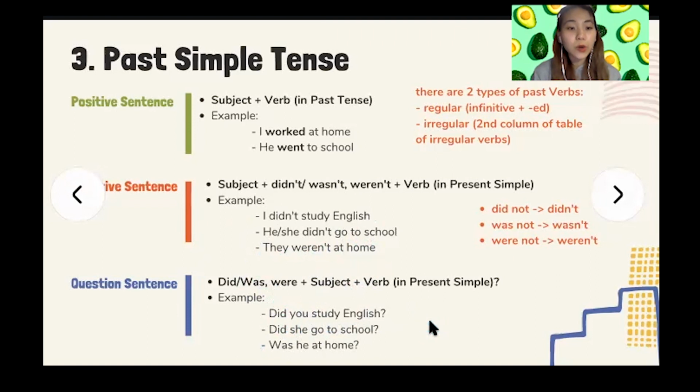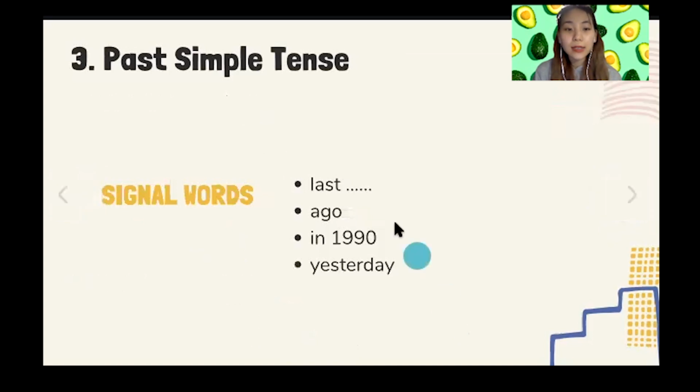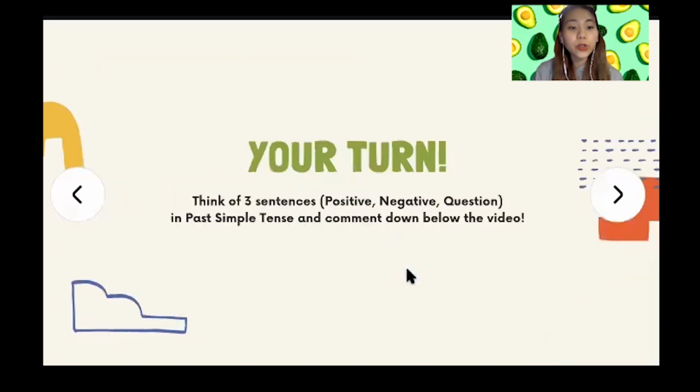And the signal words to identify past simple tenses are last year, last month, last week, ago, 2 years ago, 3 years ago, or in 1990, which is a year before the year that we are in. Okay? Yesterday. Now it's your turn to write 3 sentences, positive, negative, question in past simple tense, and comment down below the video.